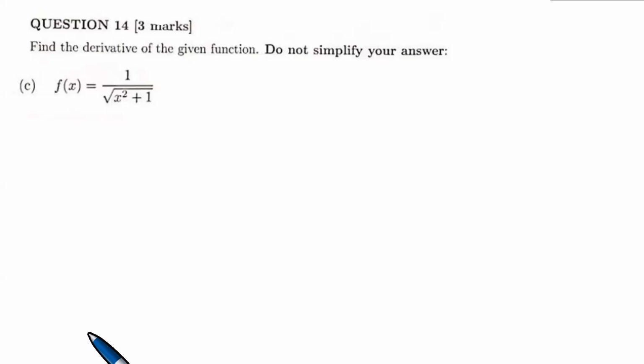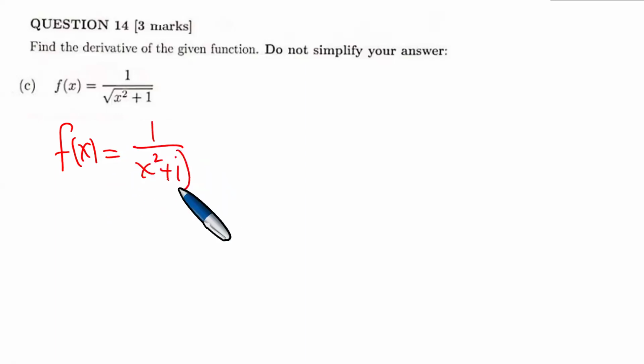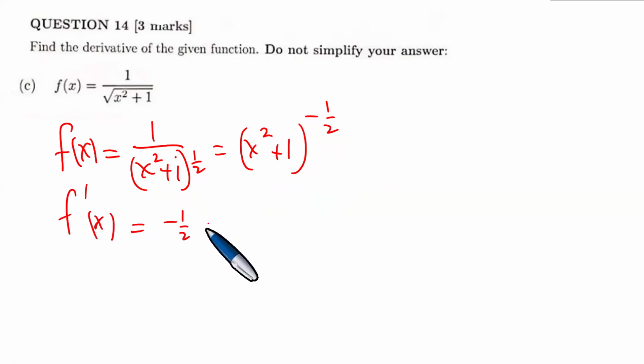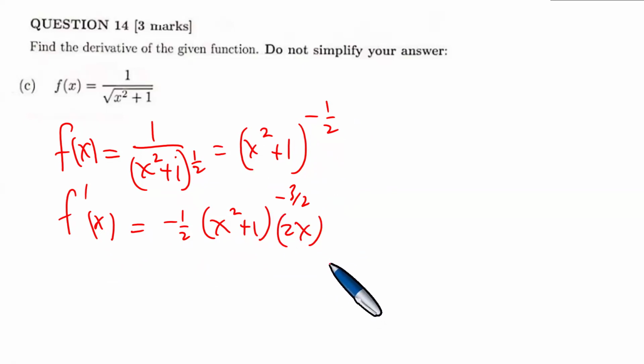First, we can see that this function f of x can be written as 1 divided by x squared plus 1 to the power 1/2, which is x squared plus 1 to the minus 1/2, which means the derivative is minus 1/2 times x squared plus 1 to the minus 3 over 2, and therefore the derivative becomes exactly 2x there.